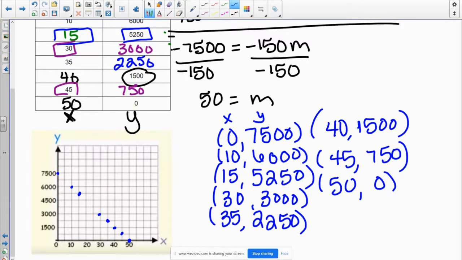So a couple things when you graph, first of all, look at your axes, make sure you understand what they're going by. So if this is 0, that has to be 5, 10, and then 15, and so forth. Over here, it's a little trickier. This is 0. This is a blank, but that's 1,500. So if you think about this has to be evenly spaced out, well, halfway between 0 and 1,500, of course, is 750.